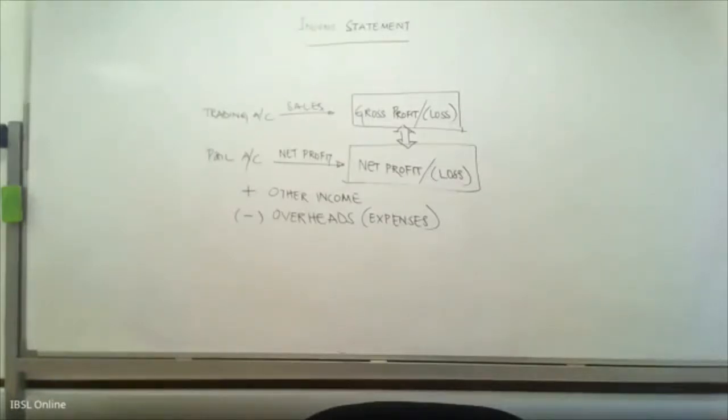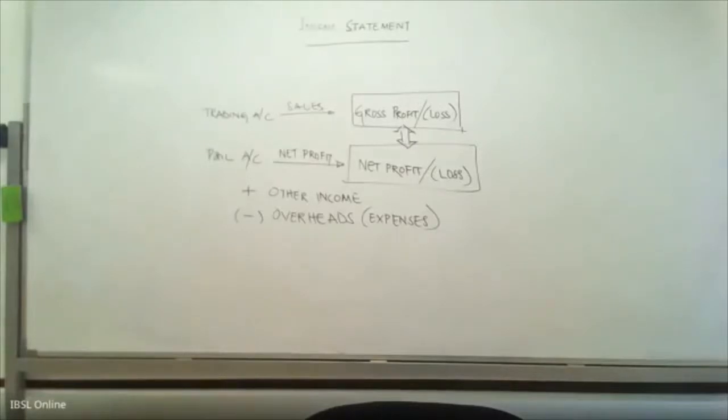In order to calculate the gross profit or the loss, we have to consider the sales and then the cost of sales. So the gross profit or loss is the result of sales minus cost of sales.